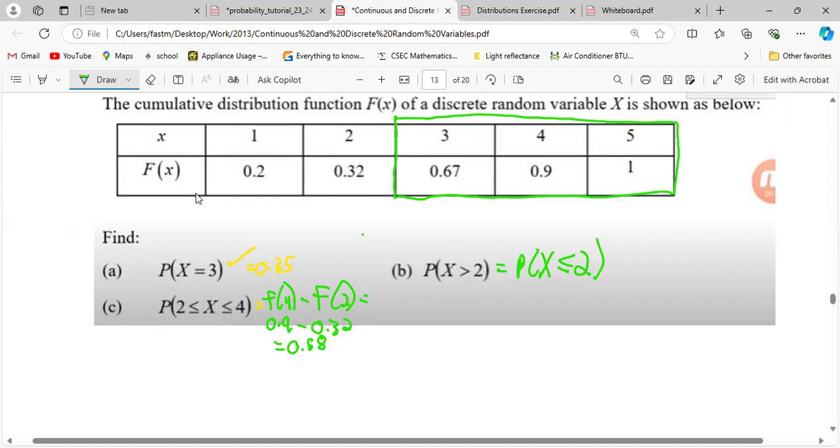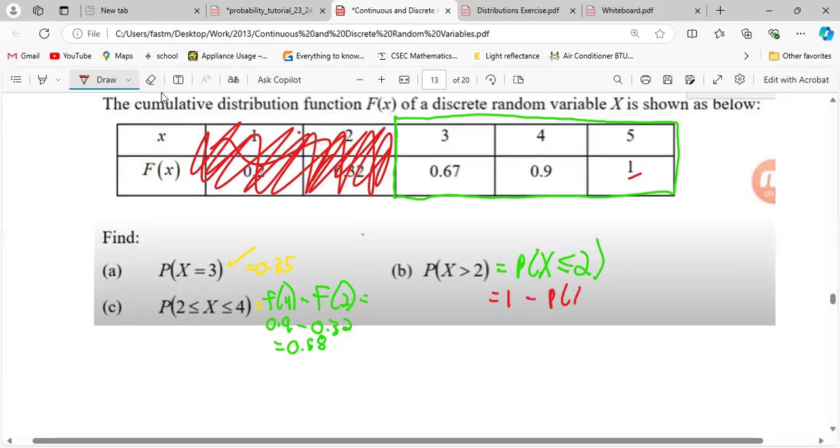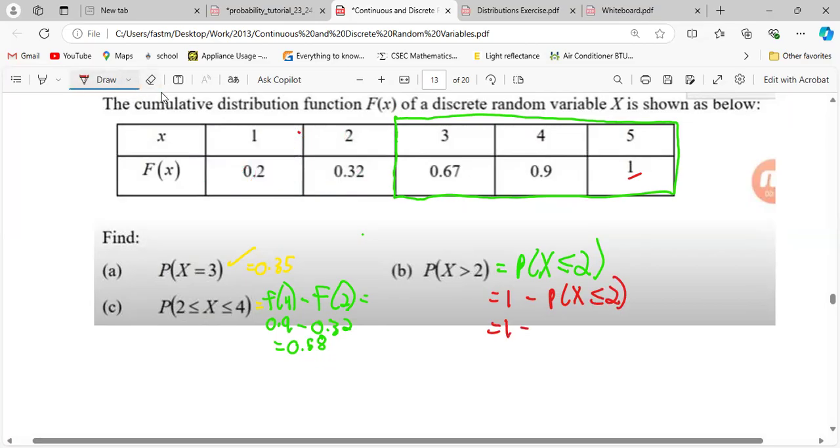Since I said more than, it would just be 1 subtract this, because you carved it out already. So you're subtracting the piece I shaded in red from the total, and we know the total probability is 1. So this will just end up being 1 subtract the probability x is less than or equal to 2. Everything less than or equal to 2 is 0.32, because this is the CDF.